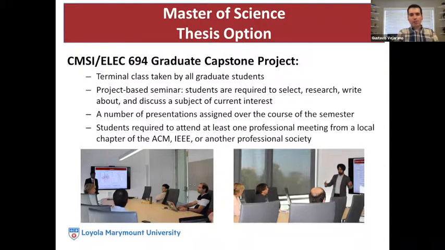So in the Capstone project, we want the students to present to faculty the work that they do. So what you see down here is samples of the presentations of students of their final project.